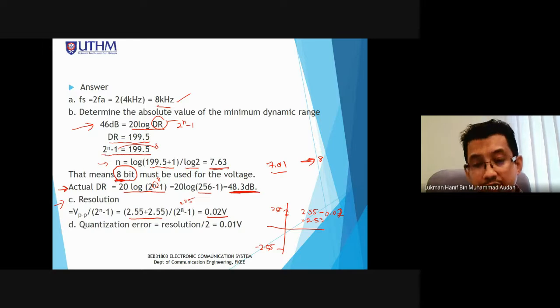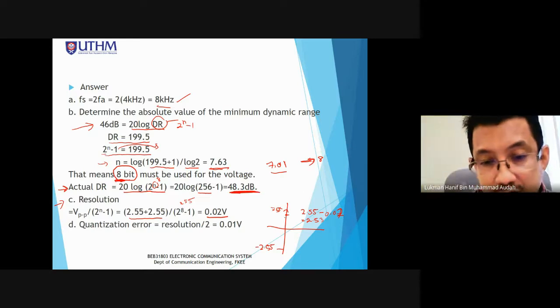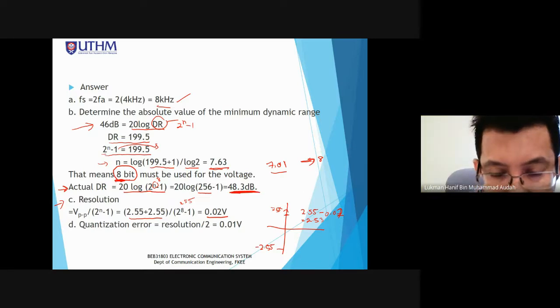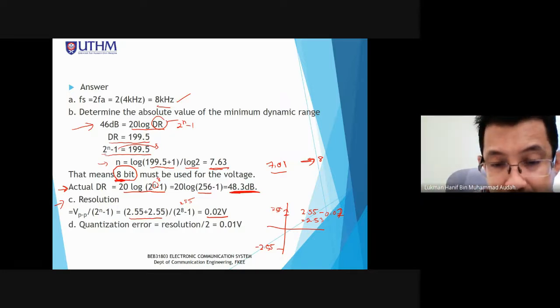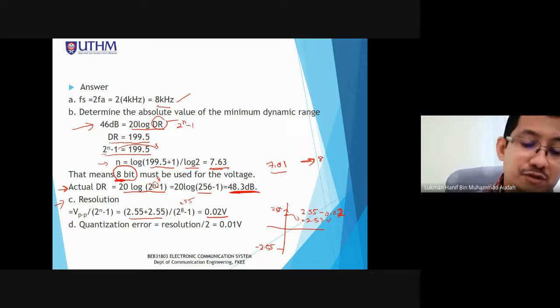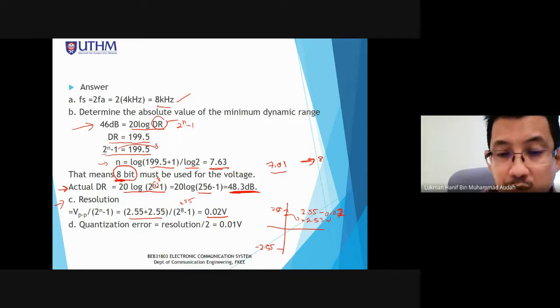Ini saya ambil contoh je. Saya cuma nak tahu apakah nilai satu level di bawah 2.55. How much? So this is equal to 2.55 minus the step size 0.02. So it is equal to 2.53 volt. Beza dia sikit je, 0.02 volt. Okay.